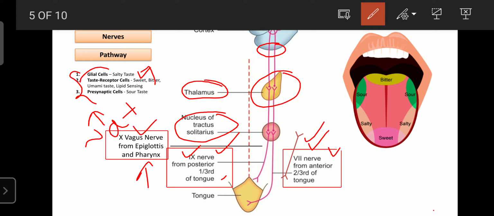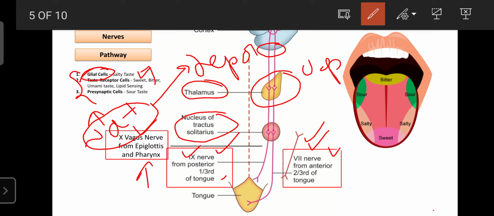Suppose for example we take salt. At that time, the stimulus is generated on the glial cells due to entry of the salt on the surface of the glial cells. Due to the stimuli, the sodium channels on the glial cells open. Due to opening of sodium channels, depolarization occurs inside the glial cells.